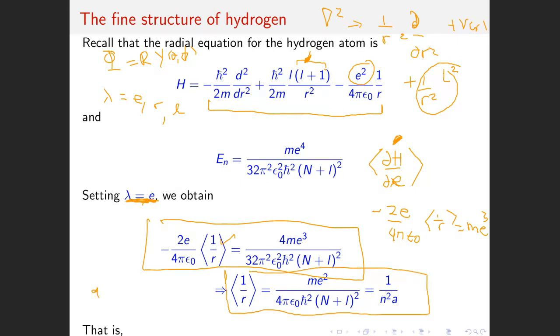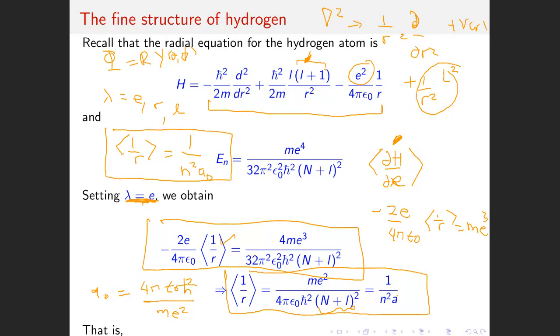And recall that the Bohr radius is given by 4 pi epsilon 0 over me squared. So in terms of the Bohr radius, this is just 1 over n squared multiplied by a0. So to summarize, you've derived this expression, 1 over n squared a0.